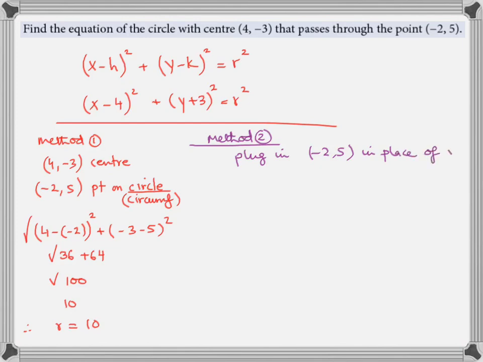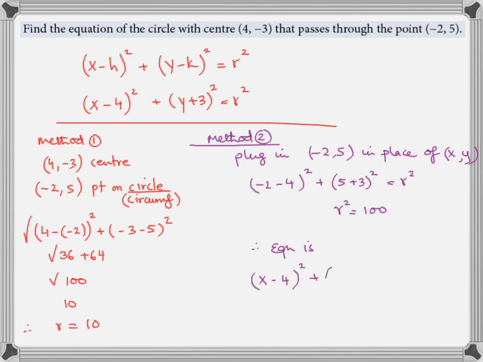The second method is, plug in (-2, 5) in place of x, y, because (x, y) is any point on the circle. This method boils down to the exact same thing as the first one. It's just that you are doing it without realization of the fact that the distance from the center to any point on the circle is the radius. So any which way you like, you would end up with the same thing.